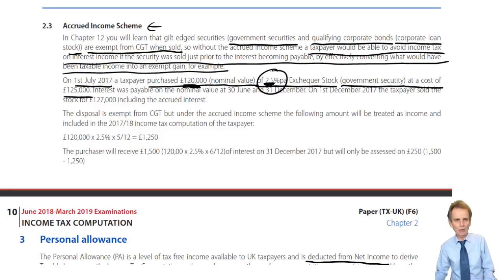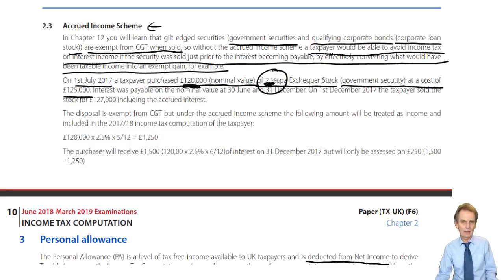If this is a higher interest rate than was currently available in the market, then people would be willing to pay somewhat more for that particular security than the nominal value because of the interest that will be generated from it.